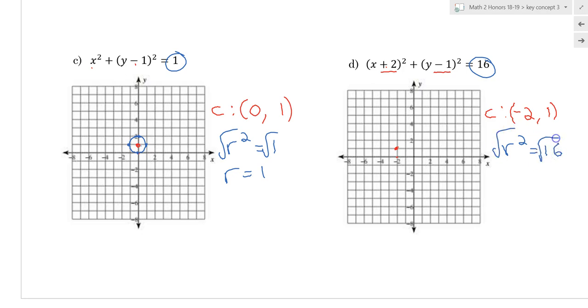I want to take the square root of both sides, so r equals 4. So 1, 2, 3, 4, 1, 2, 3, 4, 1, 2, 3, 4, 1, 2, 3. There's your circle. Pretty simple for those ones.